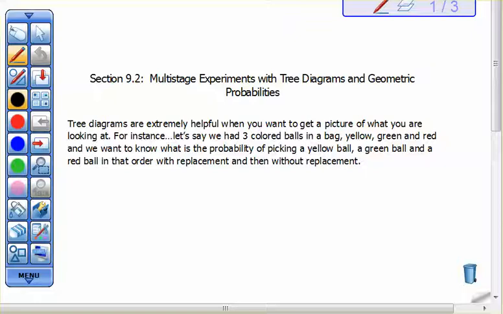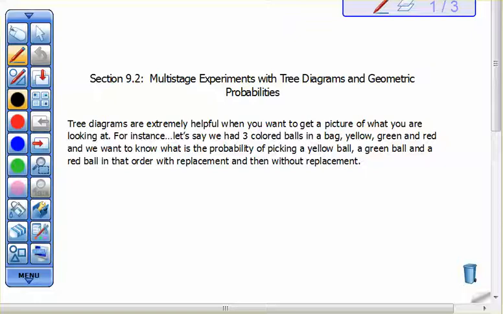Okay, so when we're talking about with replacement, we mean as we reach in and pick out the first ball, we want to pick out the yellow ball. Now with replacement means we want to put the ball back in the bag, so now we still have three balls in the bag, and now we want to pick out a green one, and so on and so forth.